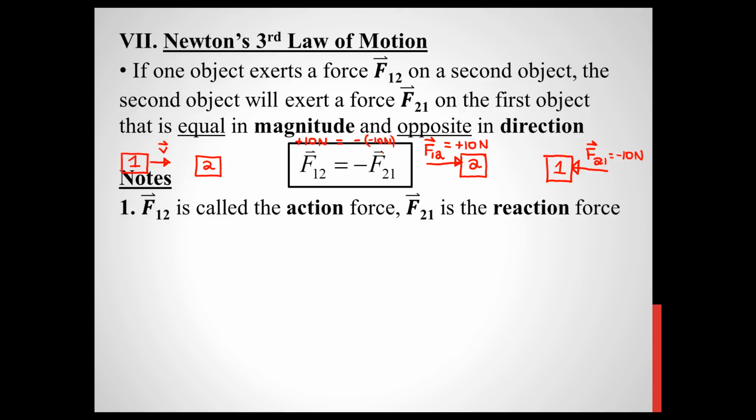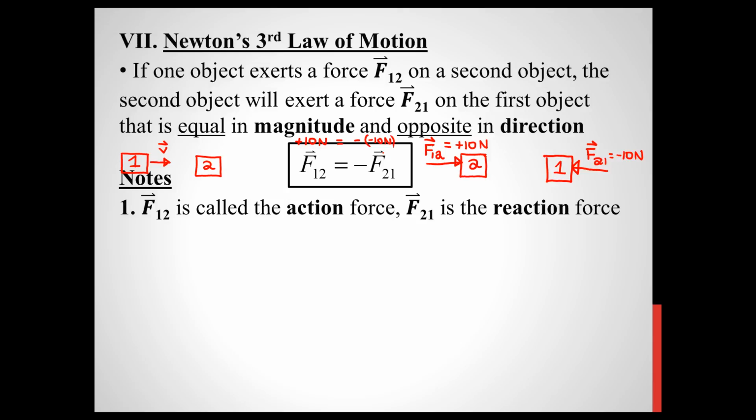A few notes about this. 1, the force that gets things going, we call it the action force. So in the example I gave up here, the action force would be the force that 1 exerts on 2. Because object 1 exerts a force on 2, well, object 2 reacts to that.